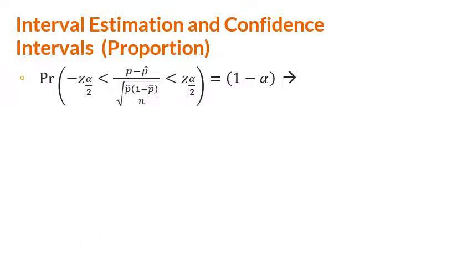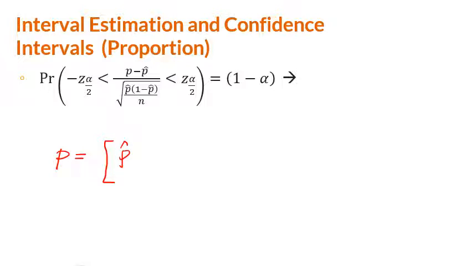Okay, so if you look at it, yung estimate of our proportion P is in this range of P estimate.